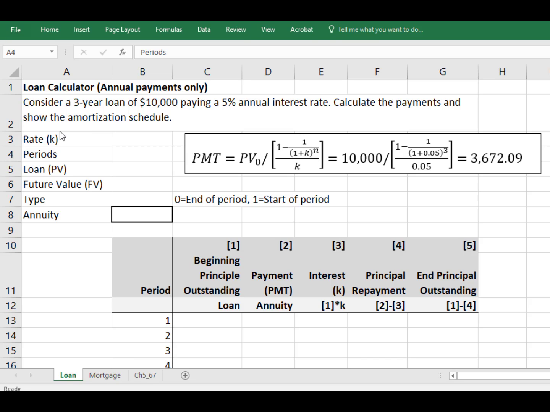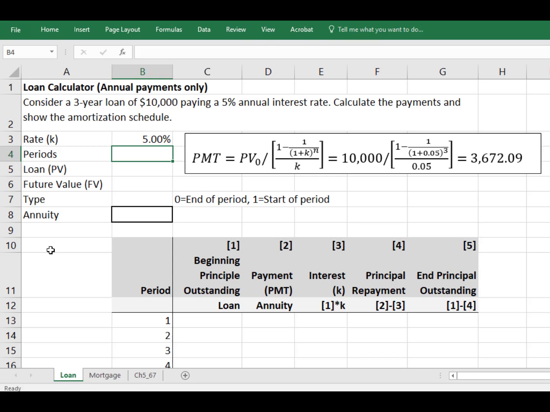Okay, so if you were making regular payments to pay off a $10,000 loan, it's going to be very similar to an annuity. We're also going to use the built-in function that's available within Excel. Let's put in the rate, 5%. Notice that it's an annual interest rate, so we do not have to convert this from a quoted rate to an effective rate.